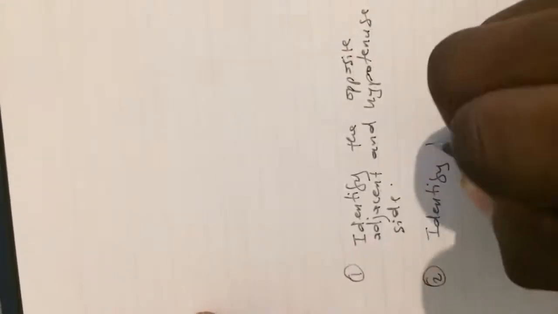And guys, you can go and rewatch this video. I'm not going to delete it until about late tonight. That's the first thing. The second thing is to identify the two sides we will use.